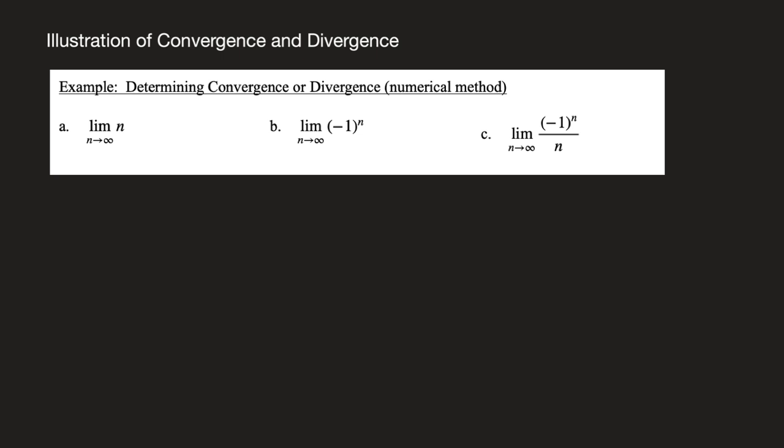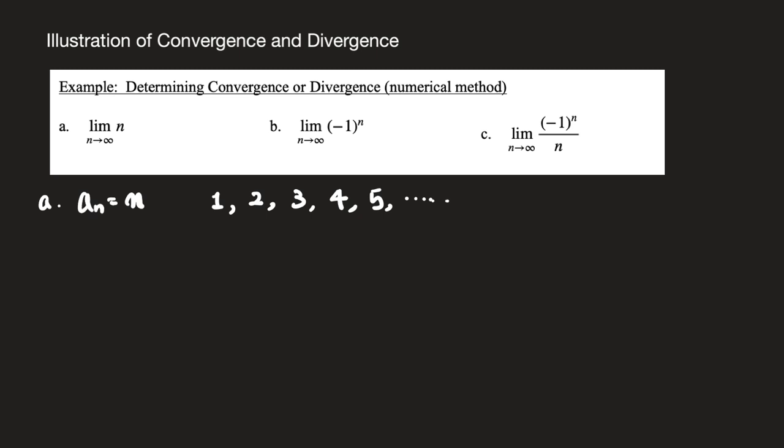Let's find convergence and divergence. This is a simple way to figure it out. To tell if a sequence is convergent or divergent, you plug in the numbers or you sketch the sequence on the coordinate plane. I'm going to start with two different ways. First one, I'm going to plug in the numbers. So an is n. The first term is 1, second term is 2, third one is 3, fourth is 4, 5.